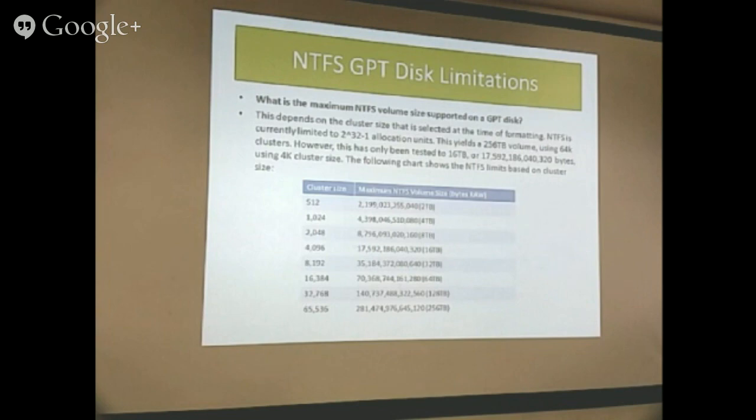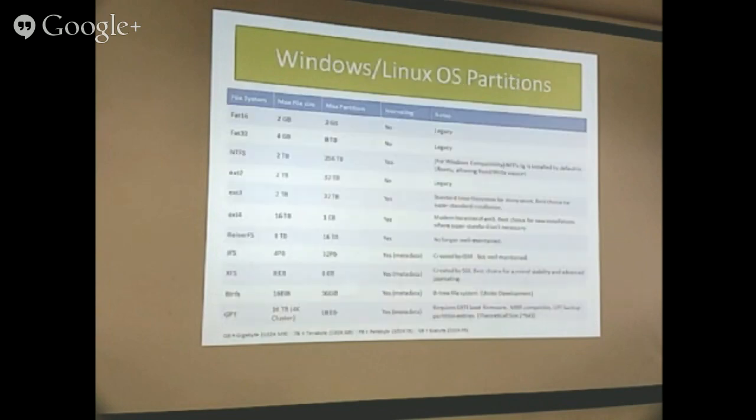But that's fine. So your Linux and Windows OSs that are available to us today, you can see that as it progresses from the FAT16 world through EXT2, 3, 4, the riser, and of course the development of the B-tree file system, which is kind of interesting.